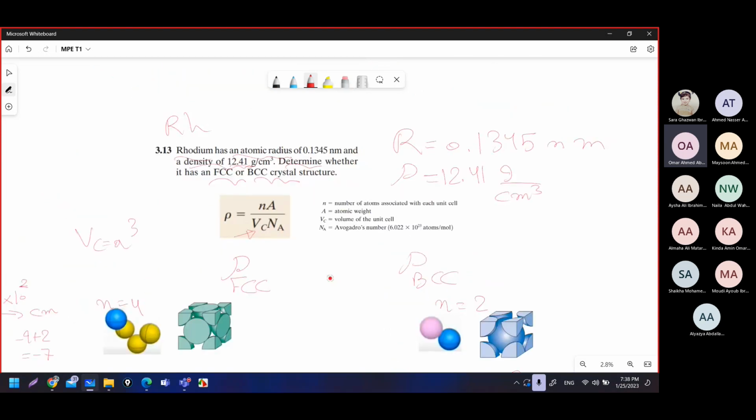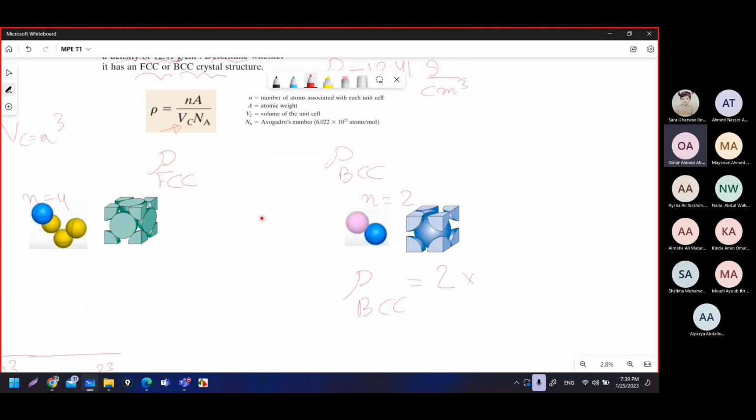It will be given in the exam, if you have a question about this. So the atomic weight for rhodium is equal to 102.91 gram per mole. So it is multiplied by 102.91 over the VC. From the previous questions, we found that the VC for the BCC is equal to 64 square root of 3 over 9 times R cubed.